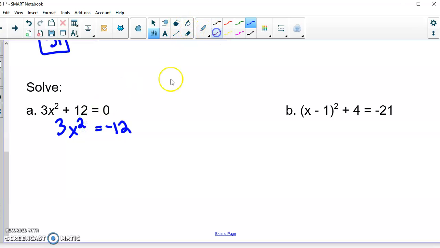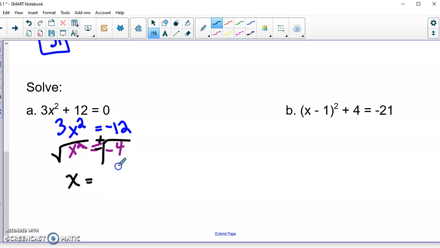And we're going to divide by 3, and we have x squared equals negative 4. And lastly, we're going to take our square root. So notice exactly the same steps as we did in the previous examples, except now we just have a square root of a negative. So we can deal with that now.